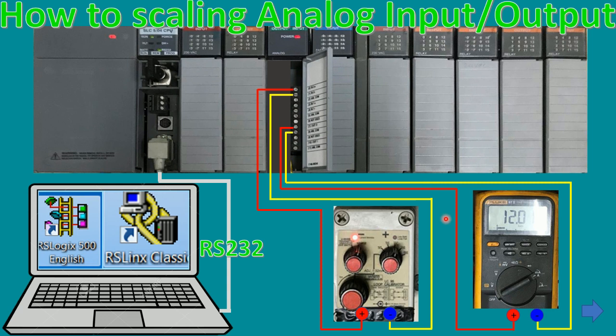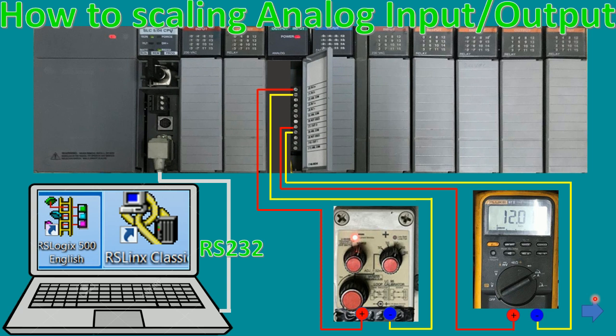So I will show the overall drawing of this module. Here it is just two points or two channels, but I have a file related to all terminal connections or wiring of this module.